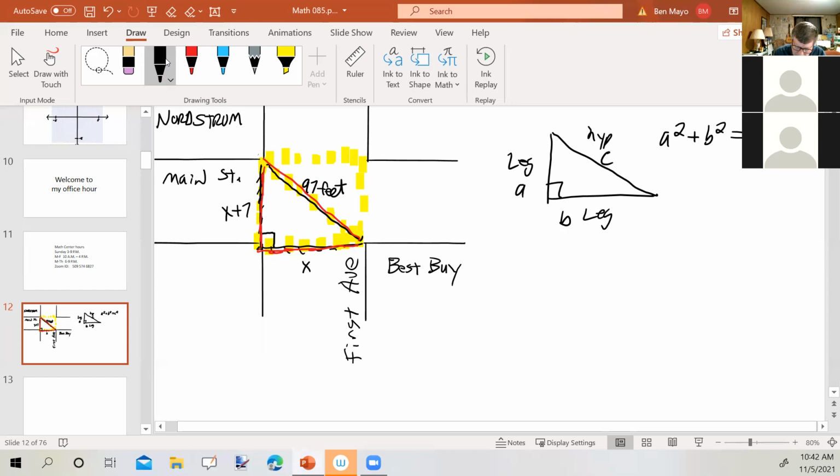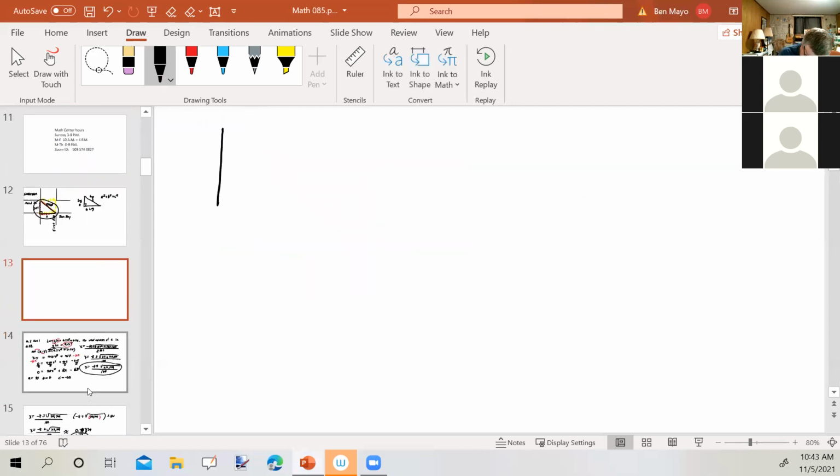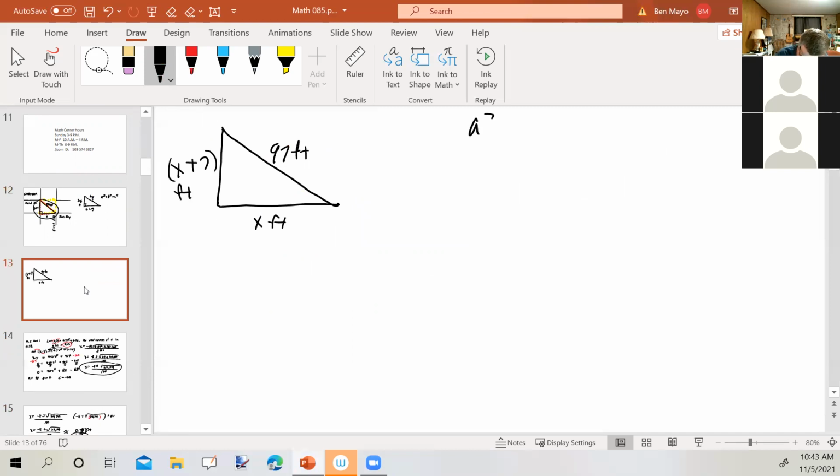So what I'm going to do now is transfer this triangle to the next page. So we've got 97 feet, x feet, and x plus 7 feet, okay? Using a squared plus b squared equals c squared. The long side is c, the other two sides are a and b.